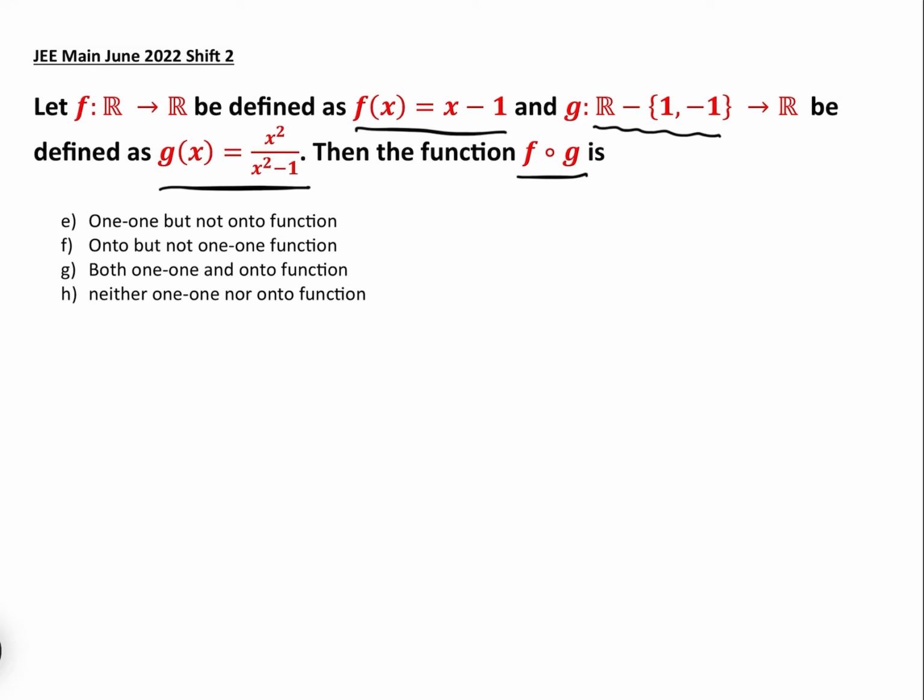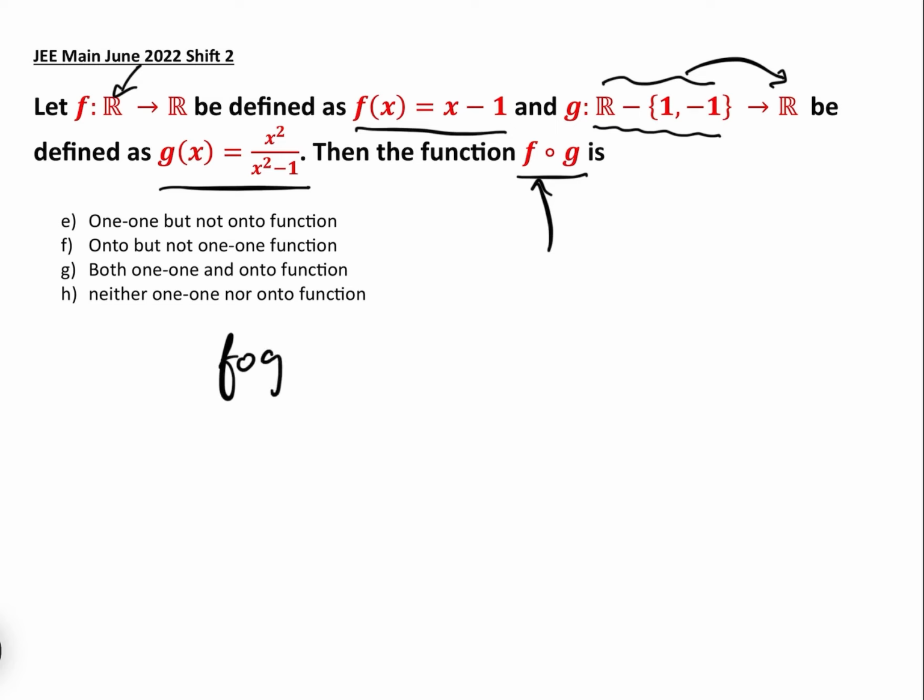Okay, so first of all we have to look, so if the domain is the reals, so basically the codomain of the composite function is also going to be the reals, because g maps r minus that to r, and then g goes into f, and f maps the reals to the reals. So the codomain of f on g is going to be the reals.